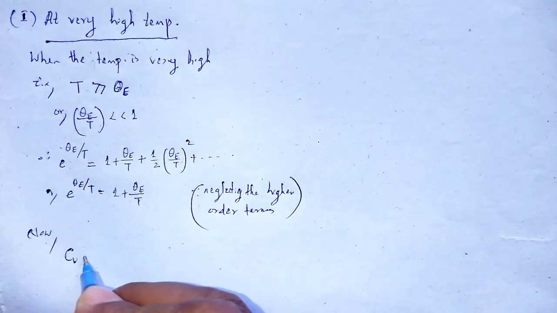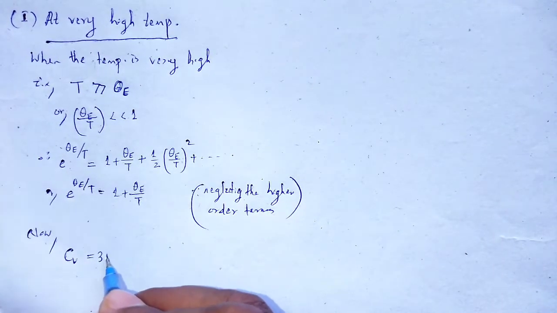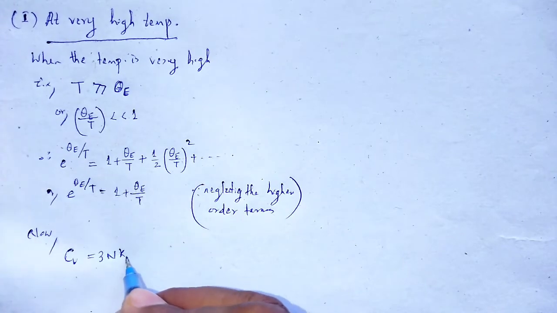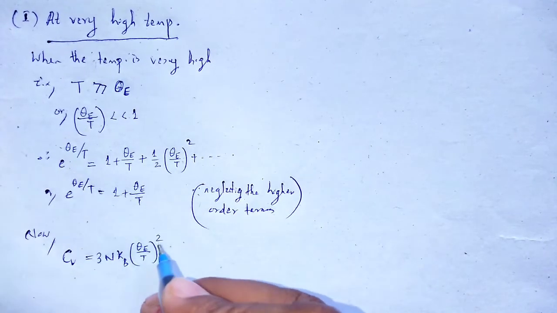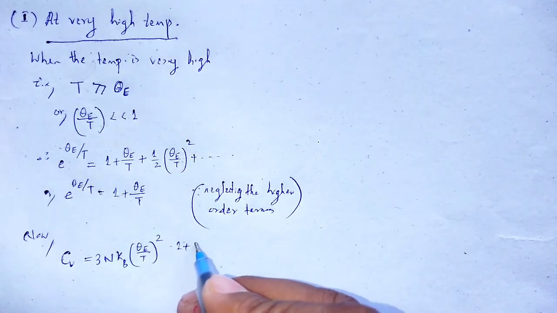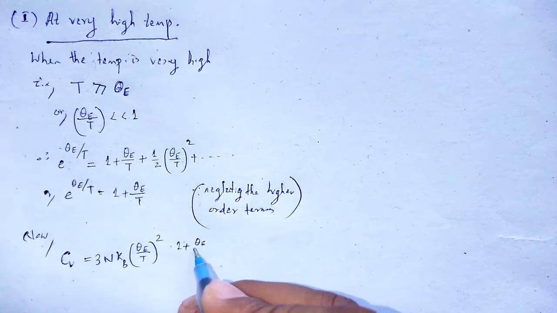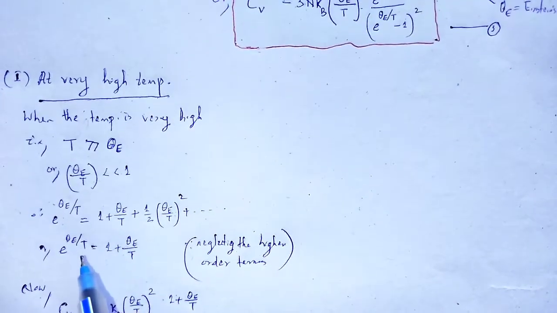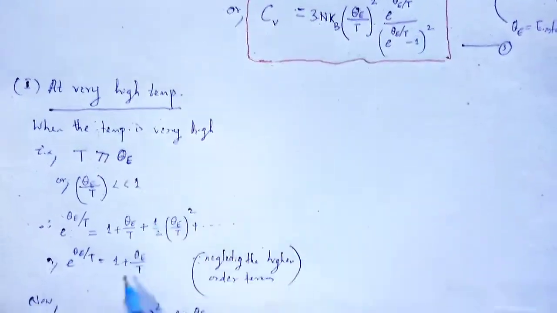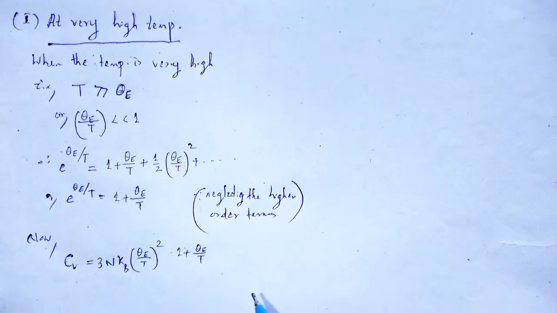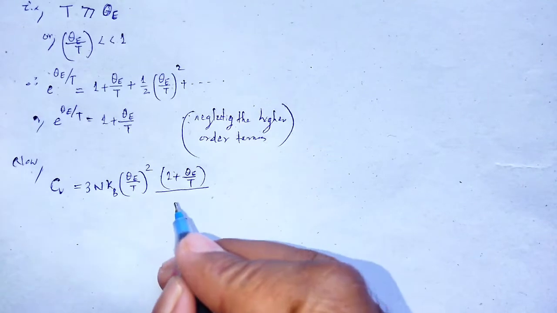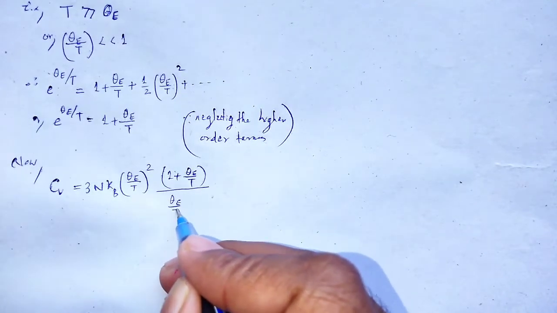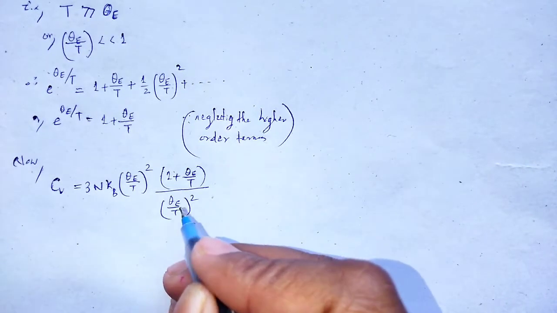Therefore, Cv we obtain is equal to 3n kB theta E by T whole square, 1 plus theta E by T in place of e to the power theta E by T, divided by theta E by T whole square.